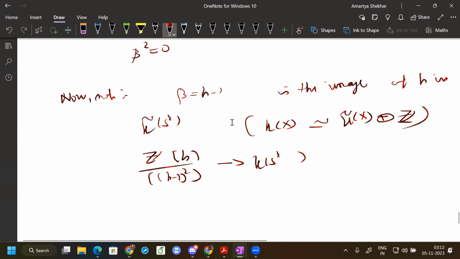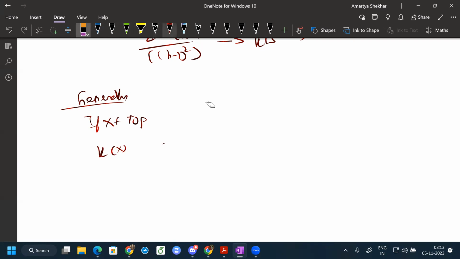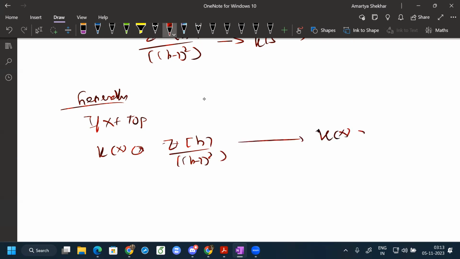So more generally, if X is a topological space, we have a composition. This is basically the external product.